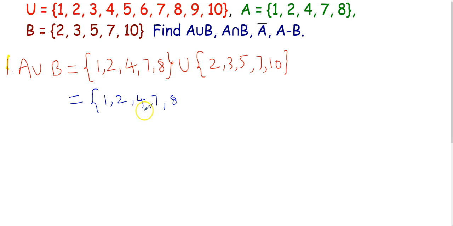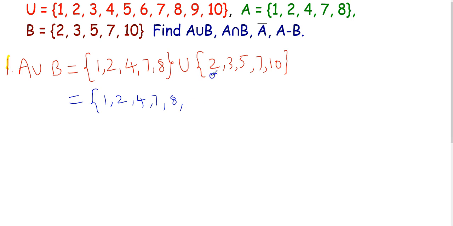So it contains the elements of A as well as the elements of B. Therefore, now I'll copy the elements of B. While bringing them down, I'll see if it is already listed here. If it is listed, I don't have to take it. If it is not, then you can copy it again.